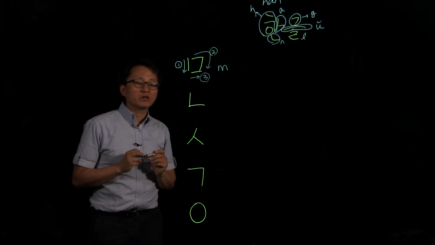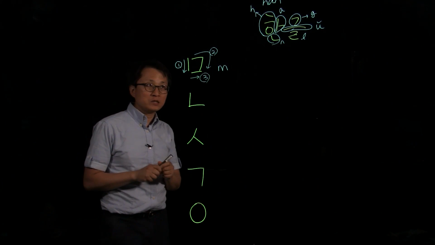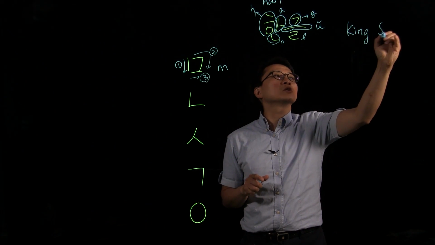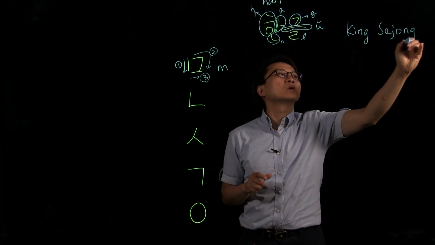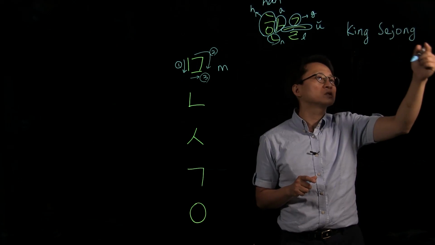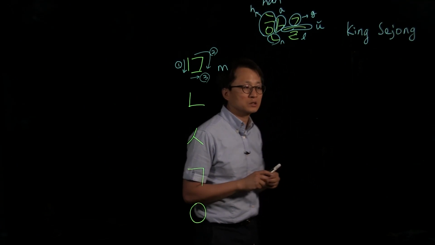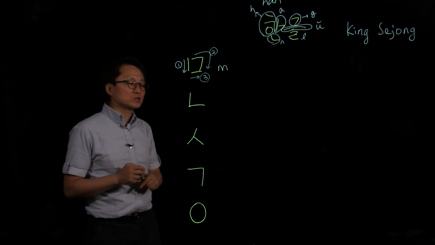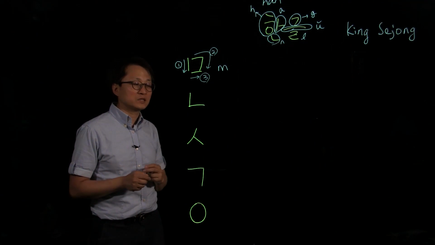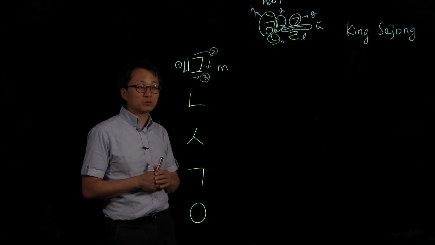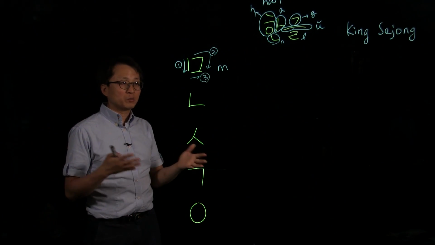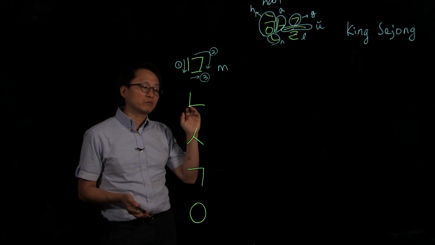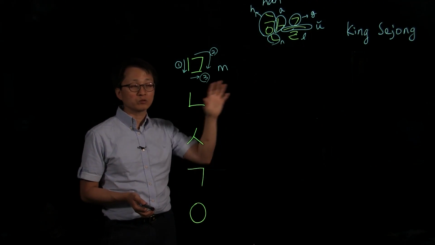Hangul was invented by King Sejong. We generally call him King Sejong the Great because he invented Hangul. So King Sejong was the 4th king of Joseon dynasty. Joseon dynasty was a kingdom that existed before Republic of Korea. Like in the Korean Peninsula now we have South Korea, so Republic of Korea, and North Korea.